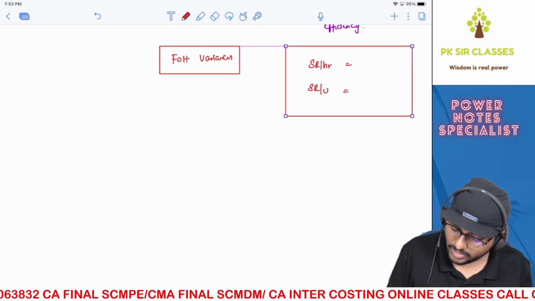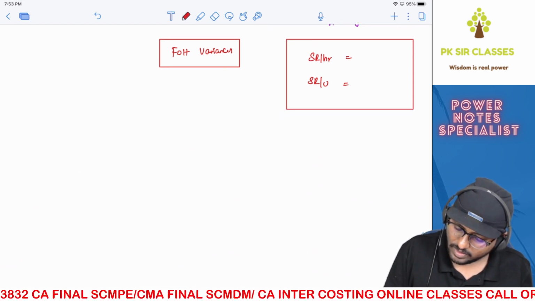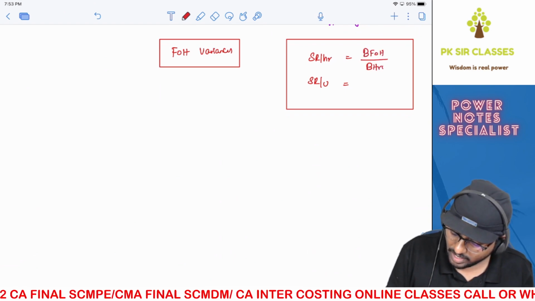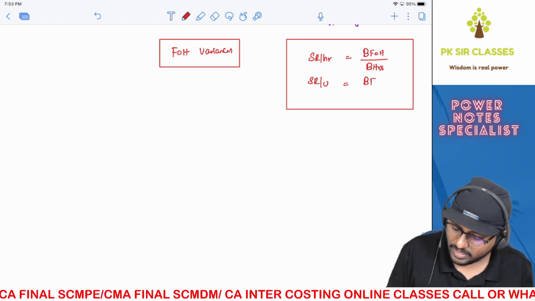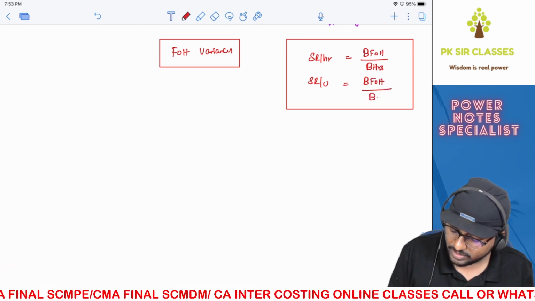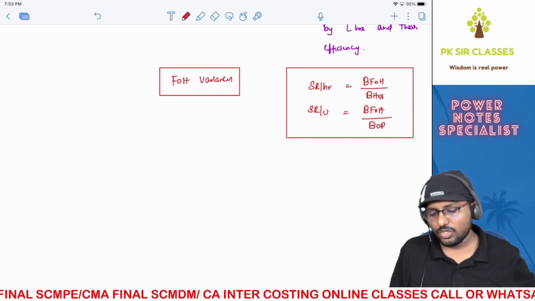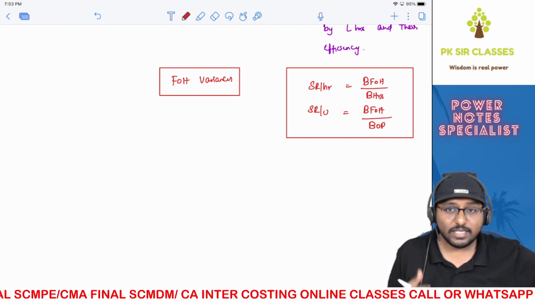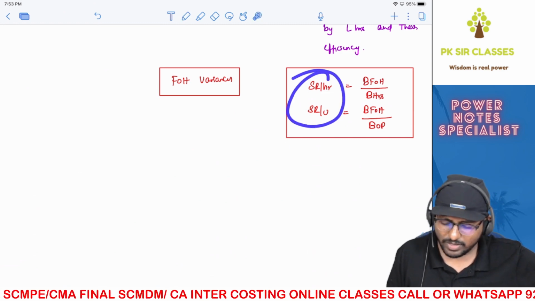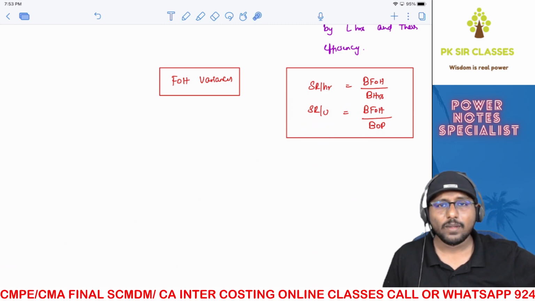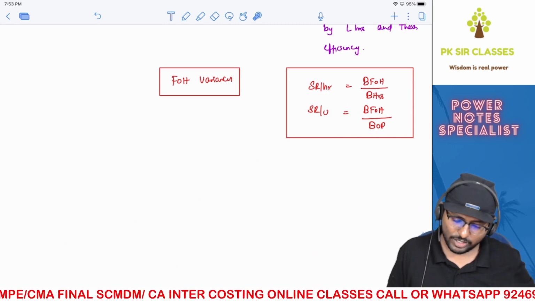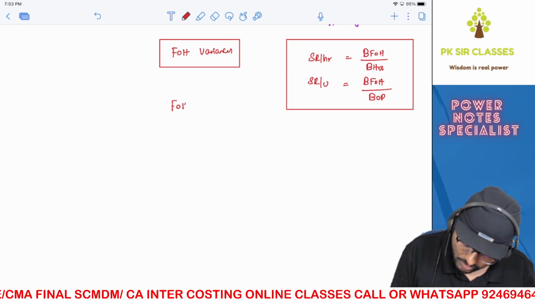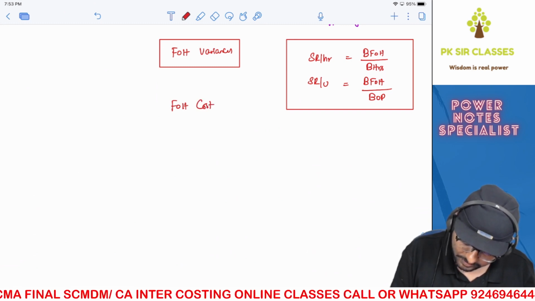So what are you going to have over here? Budgeted fixed overheads divided by budgeted hours. Here it will be budgeted fixed overheads divided by budgeted output. So you apply that and you get your SR per hour, SR per unit. In case it is not given in the question, most of the times this will be given in the question itself. So no worries.